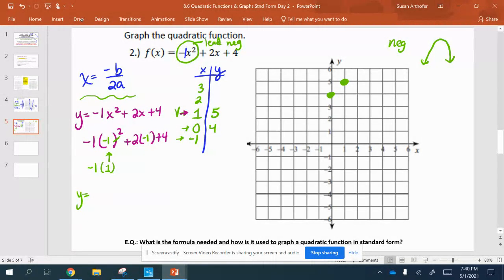Is +1 times the outside -1 would still be a -1. 2 times -1 is -2, and bring down the 4. -1 minus 2 is -3 plus 4. That would be -1. So our next dot is -1, -1. So left 1, down 1.